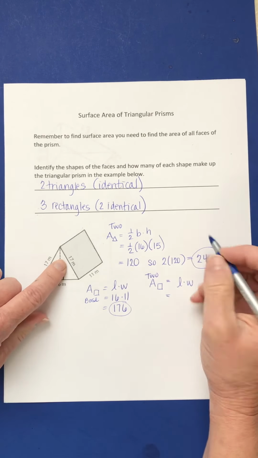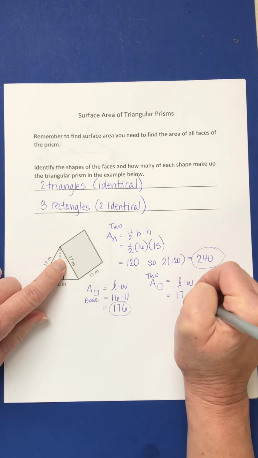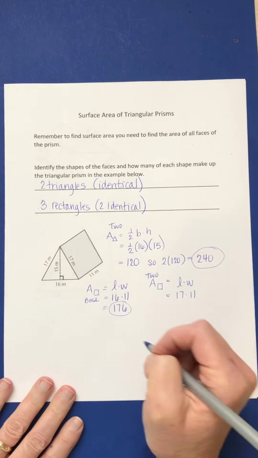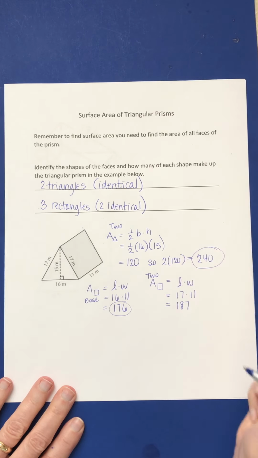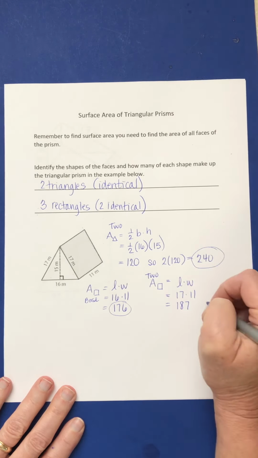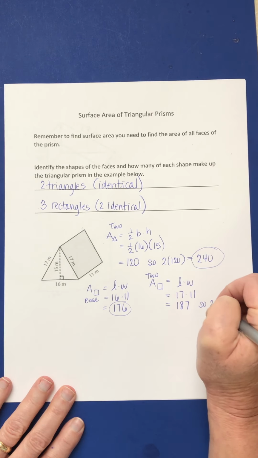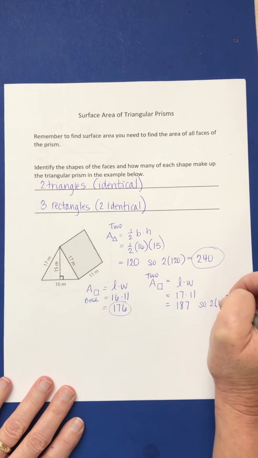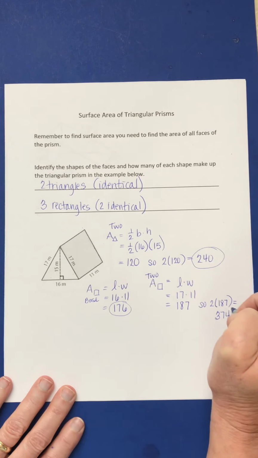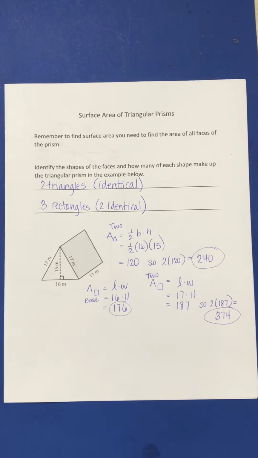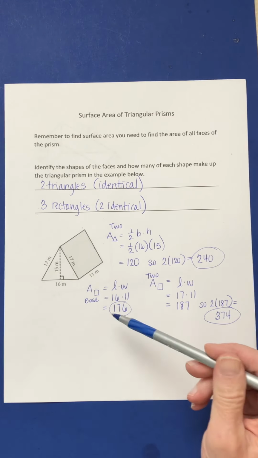This time I have 17 times 11. If you put that in your calculator, we're going to get 187. So we're going to have 2 times 187, and that's going to give me 374 if I multiply that together. So now what I'm going to do is put those numbers together.